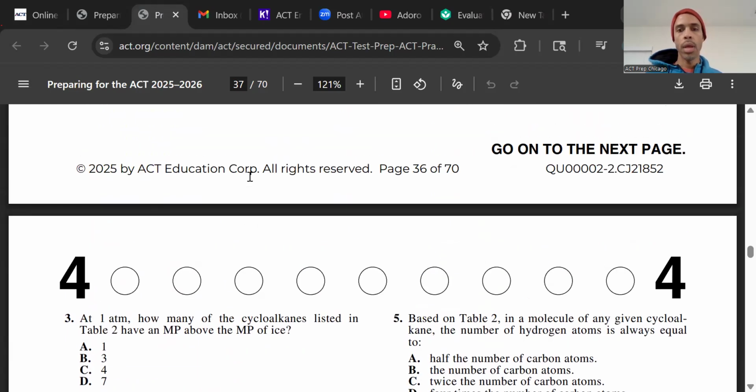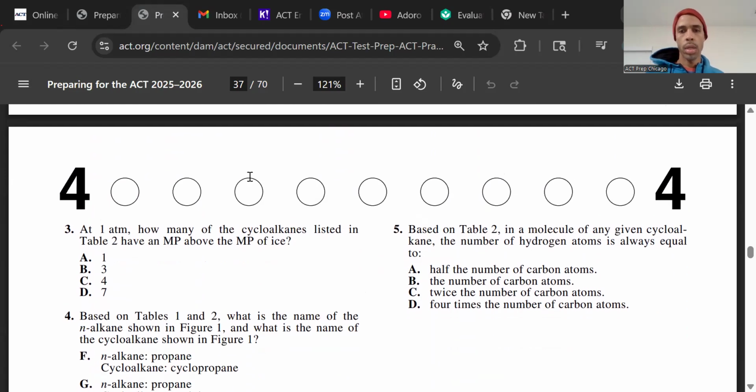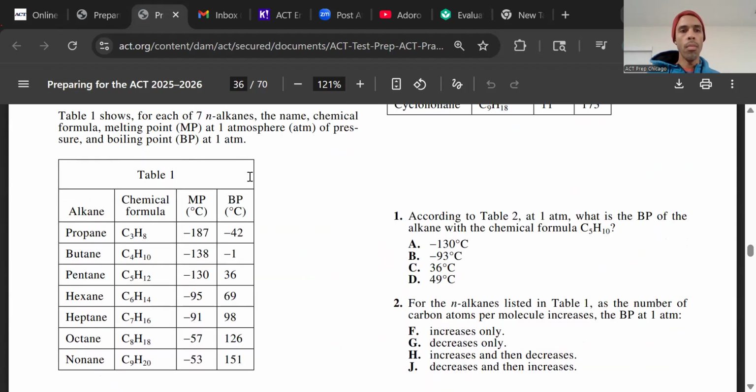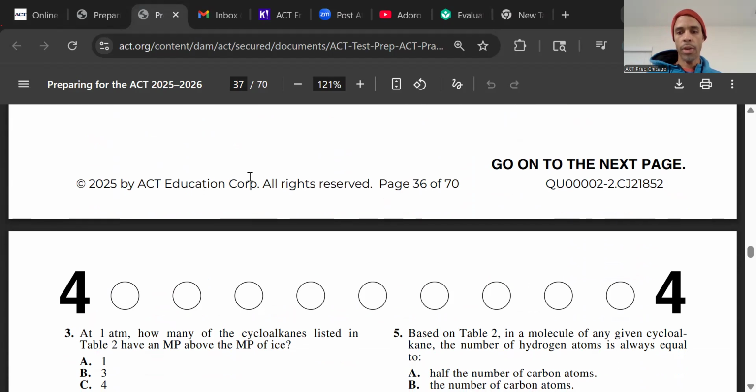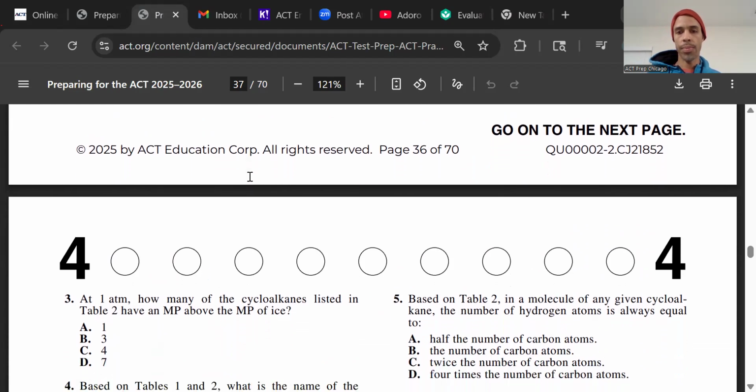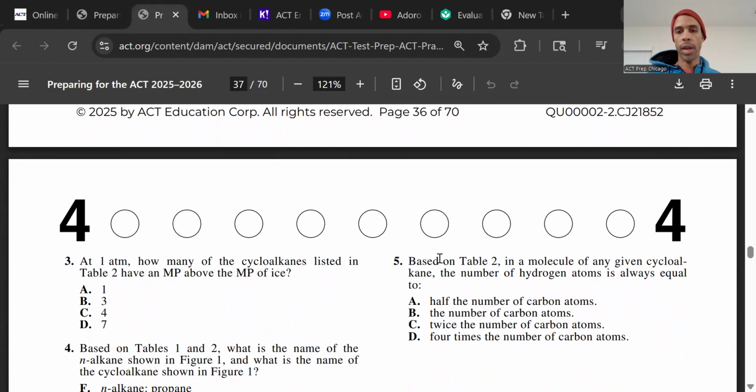All right. Number 5, based on table 2, in a molecule of any given cycloalkane, the number of hydrogen atoms is always equal to, so we're comparing the hydrogen atoms to the carbon.